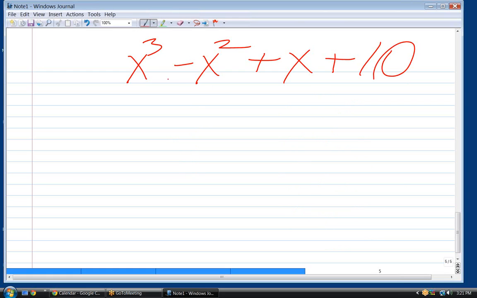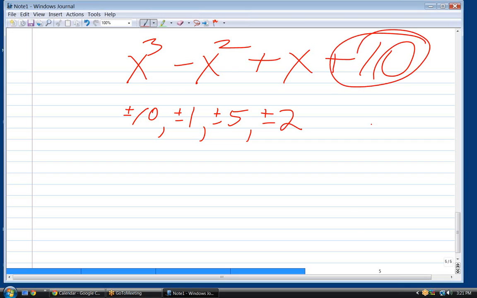So this says that if there's a rational zero to this, then its numerator must be a factor of 10. Because of this. And its denominator must be a factor of the coefficient of the highest term, which in this case is 1, plus or minus 1.